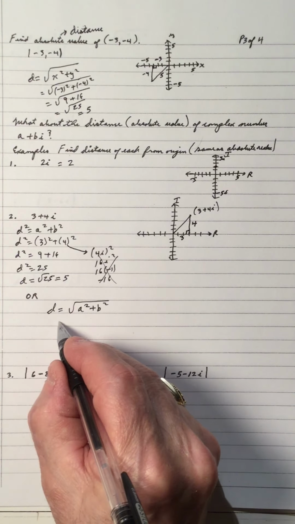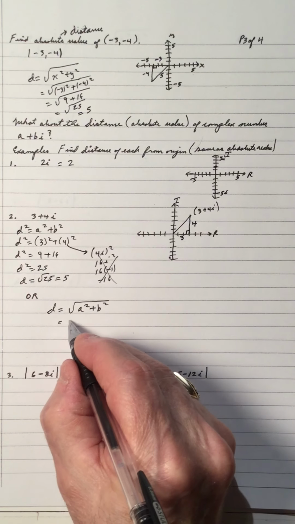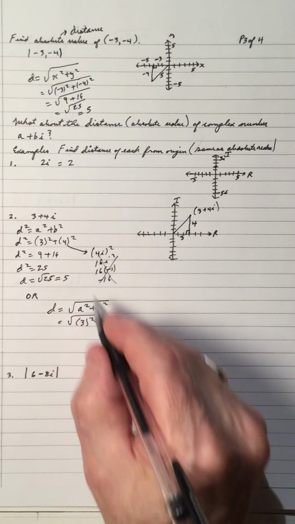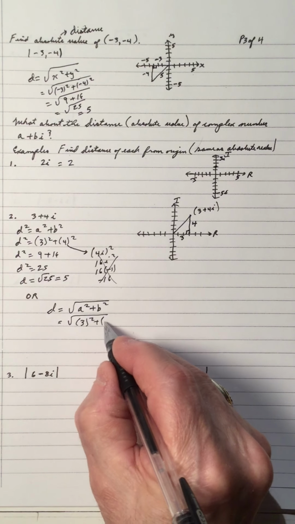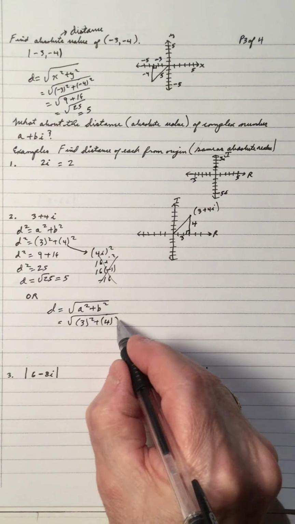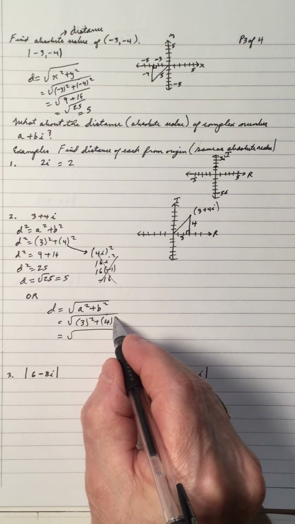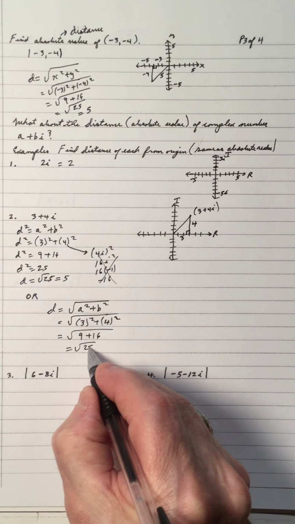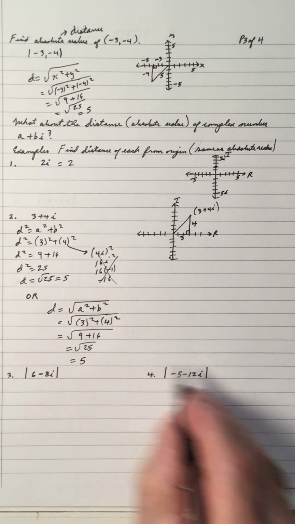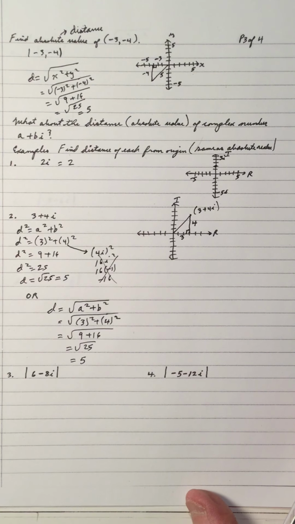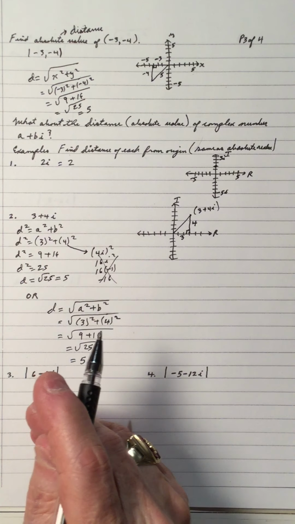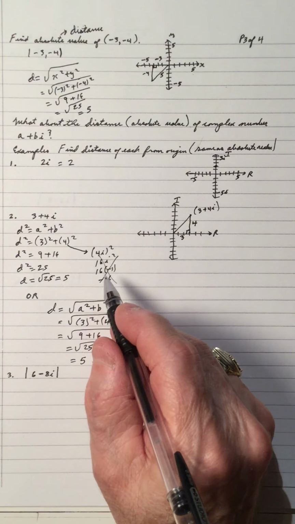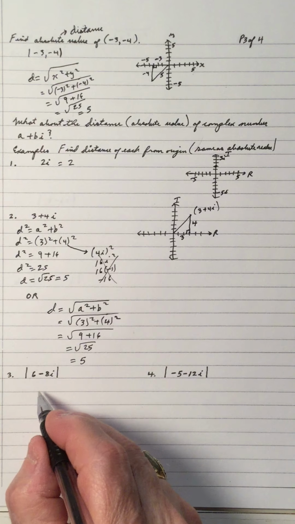You use this formula. So a is 3, b is 4. You do not put the i in. Squared, that's 9 plus 16, square root of 25, which is 5. So it's the same as dealing with the x, y axes, but when you're dealing with complex numbers, we do not put the i in.